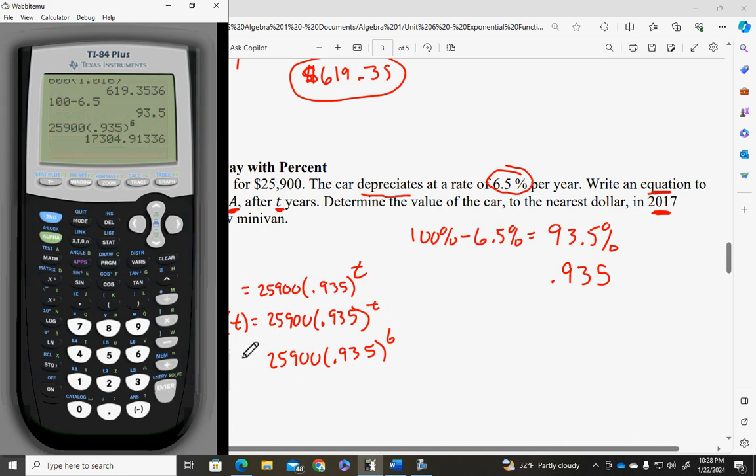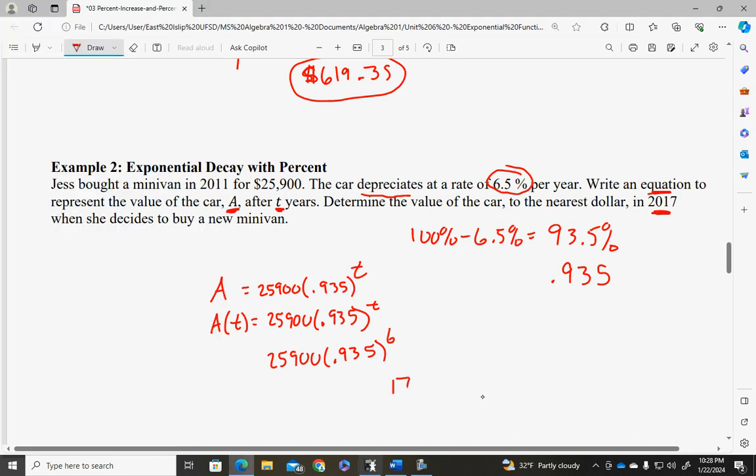And we have to determine to the nearest dollar. So that means no cents. So that would be 17,305, right? If I'm rounding, 17,305. That's how much it's worth after 6 years.